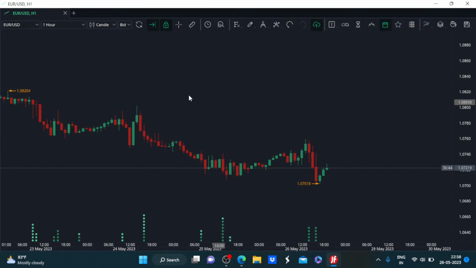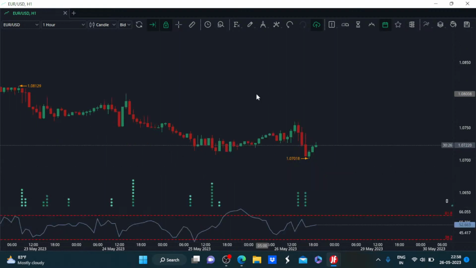To add this indicator, Choppiness Index, all you have to do is a quick search. Here it comes. And we have this indicator at the bottom side of the chart.